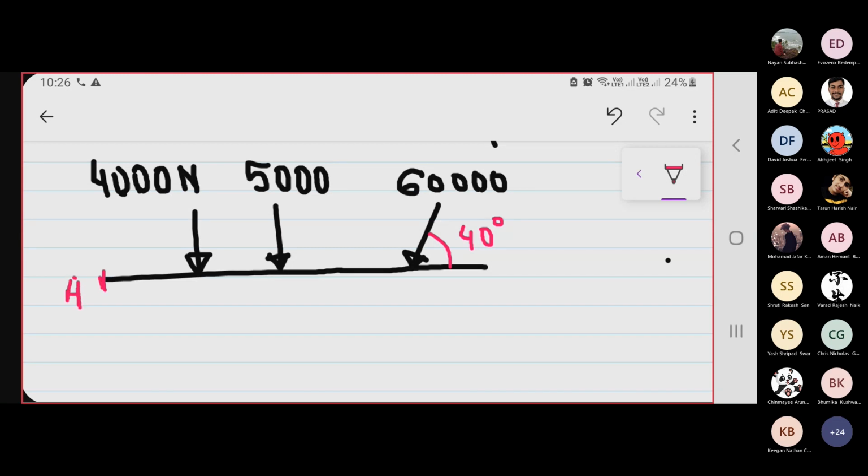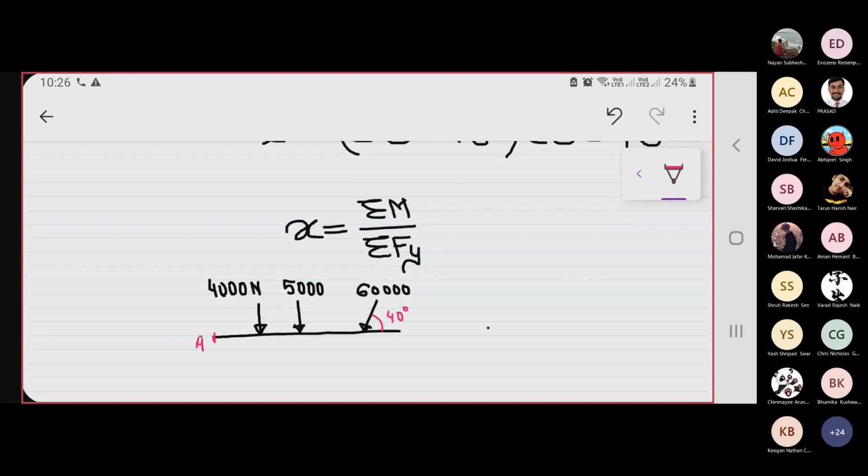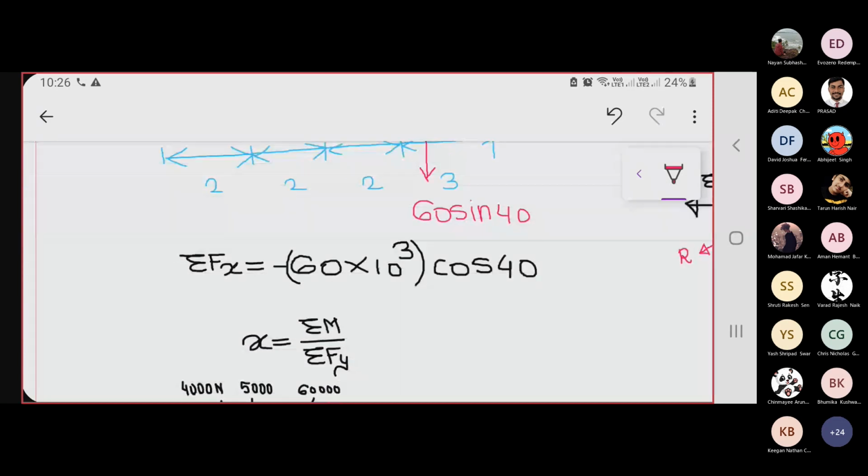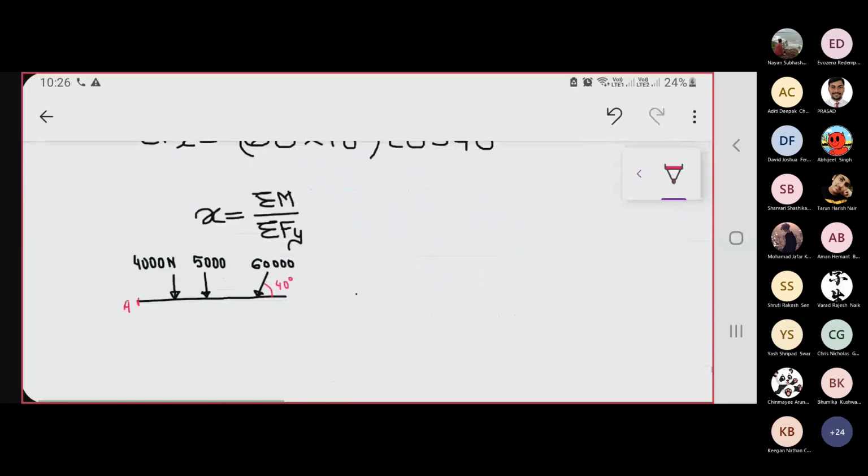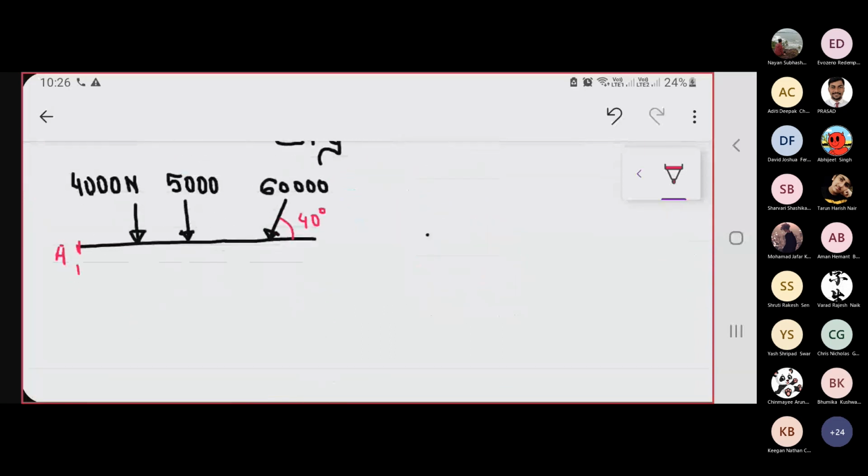We consider this point as A. What are the distances? 2, 2, 2, 3. Let's start taking moment about point A.